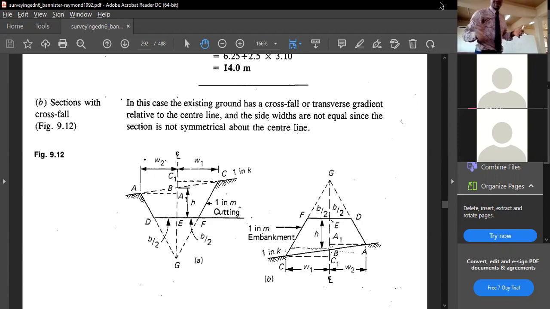So we have H, we have B over 2, and the center line like so.